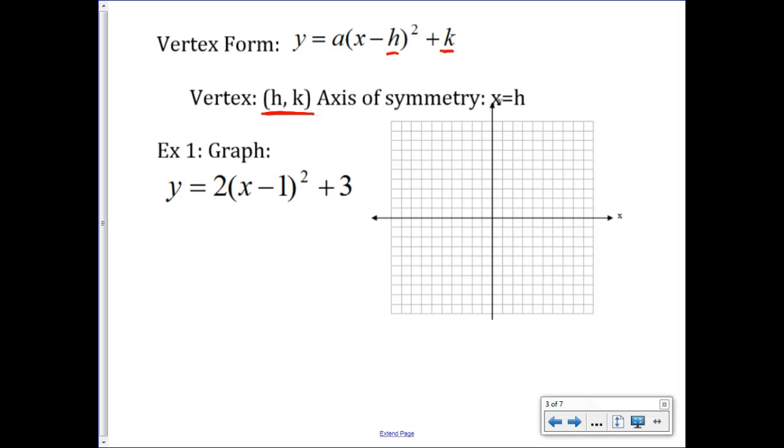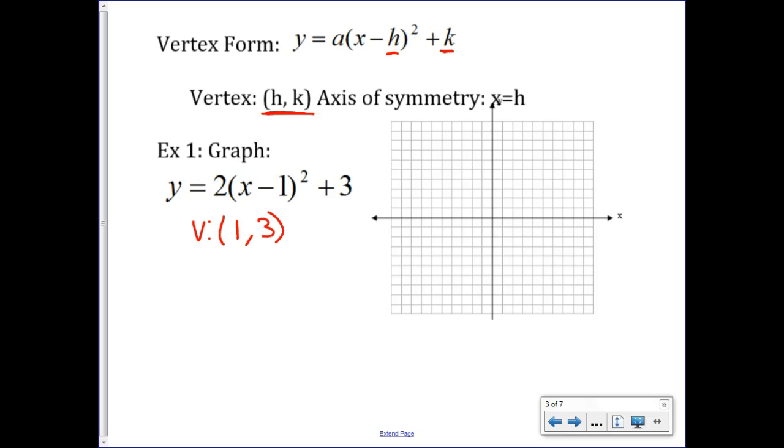Now you have to be careful since it's x minus h. And then the axis of symmetry is x equals h. So in this graph, we have x minus 1, so our x value is a positive 1, since it's x minus h. And then we have plus 3, so our y value is 3. So your vertex is 1, 3.